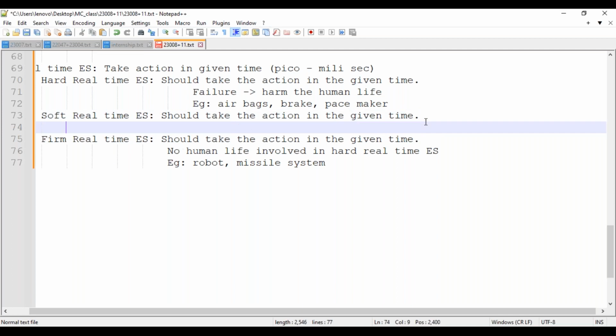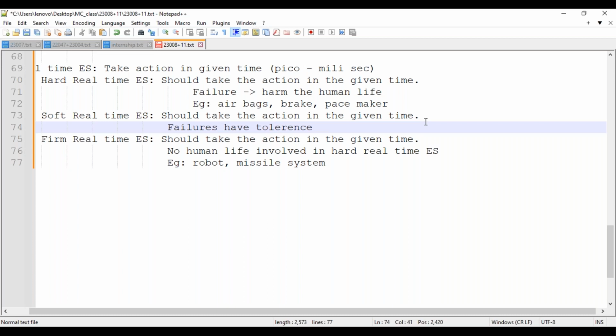But understand, failures are okay. Failures have tolerance. Even if it fails to work in the given time, it is fine. You can give another attempt. That is what I'm saying.